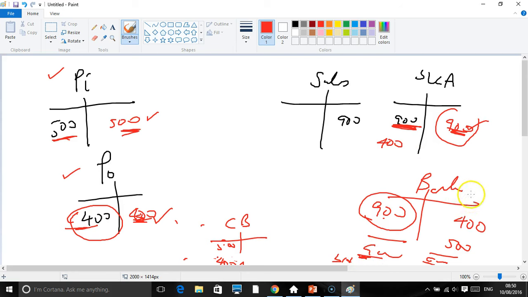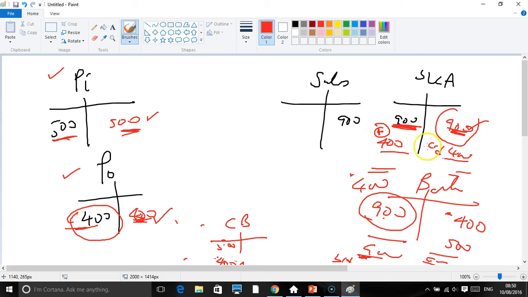So it's really this: credit this, and also reinstate what he owes us, because when we do a balance carried down here, we're only going to have 400. So we're stating clearly that we are still owed 400 at the end of the day.